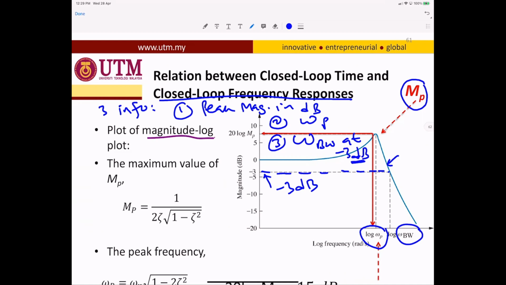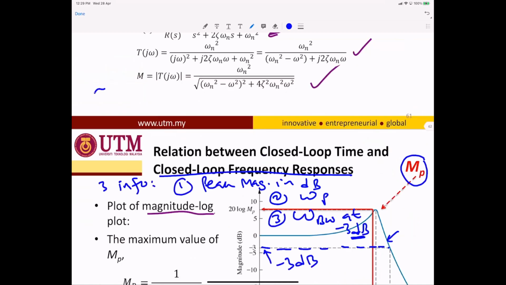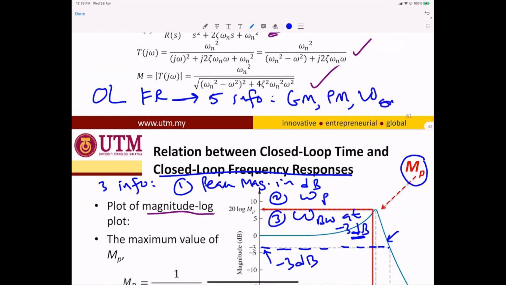Okay. Previously, in open loop frequency response, you will obtain 5 info. Am I right? First is the gain margin. Second is the phase margin. Third is the omega GM. Fourth is the omega phase margin and stability status.